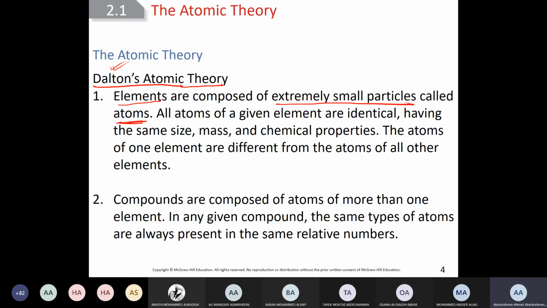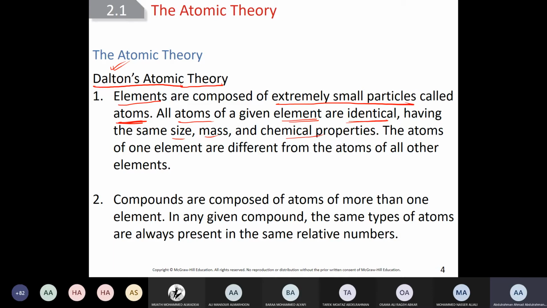Atoms of the same element are what? The same. Atoms of the same element are the same. They have the same size, the same mass, the same chemical properties.